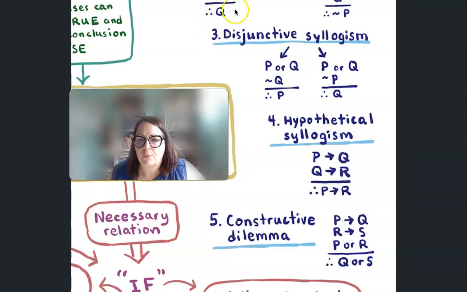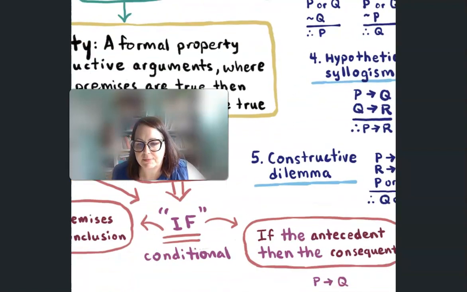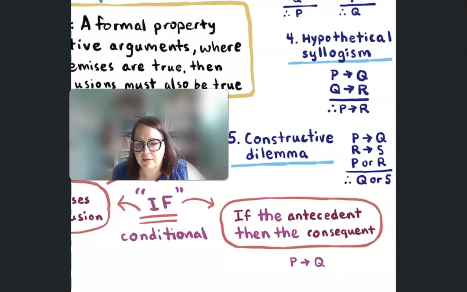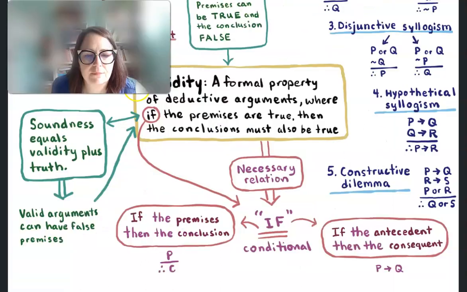Okay, so when we're looking at these relationships, we're looking at a certain kind of necessary relationship. So what is a necessary relationship? Well, I think about the if conditional relationship here.